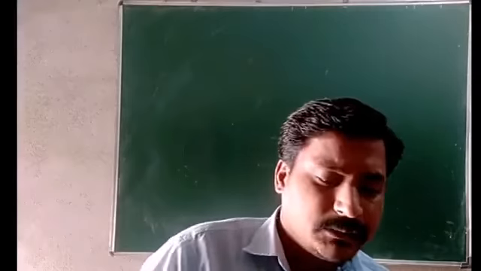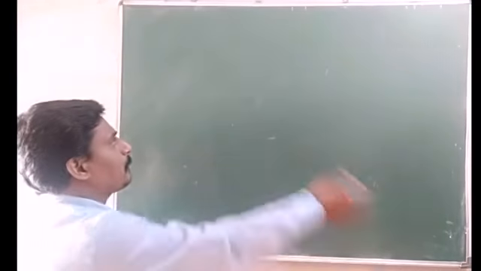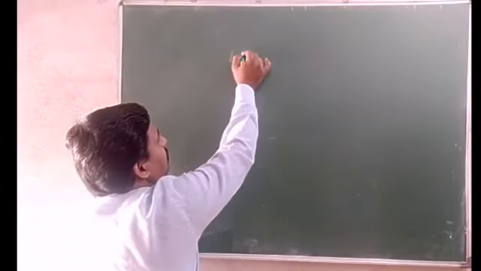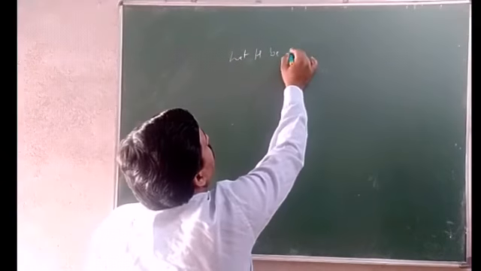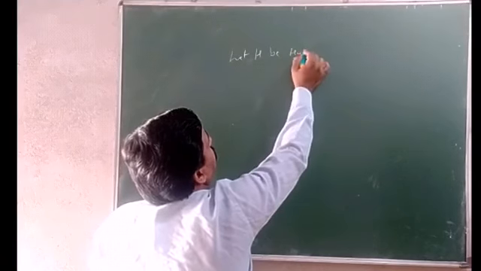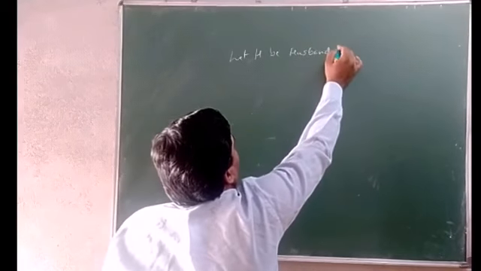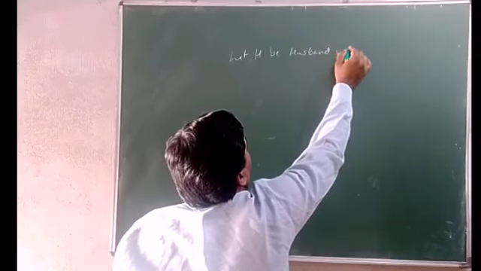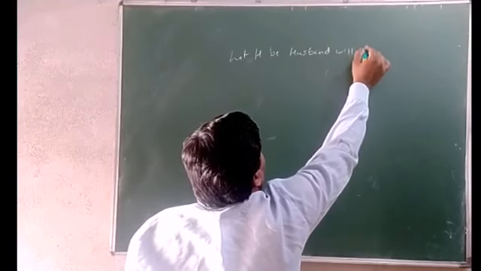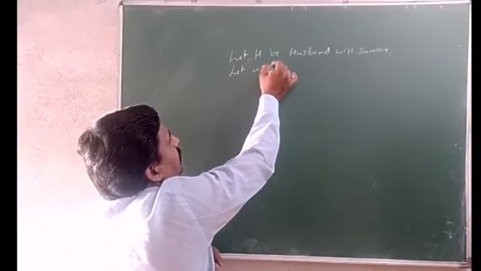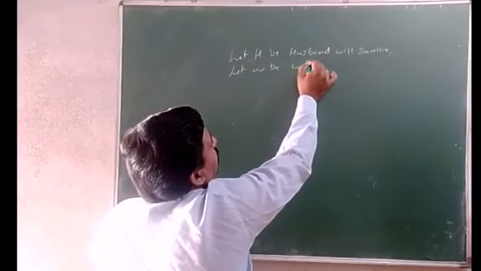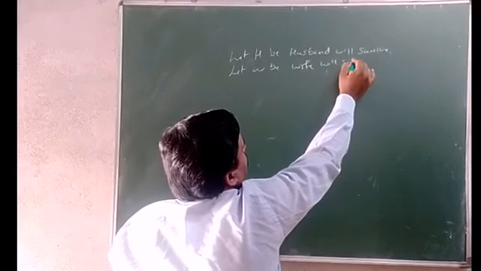So here, first question. Let H be the event that the husband will survive, and let W be the event that the wife will survive.